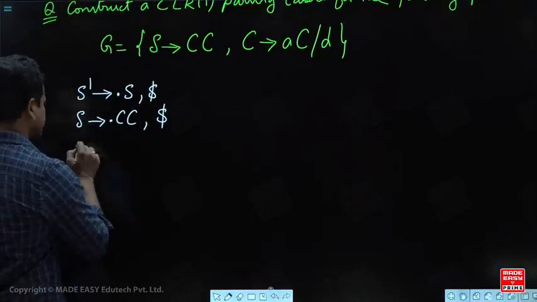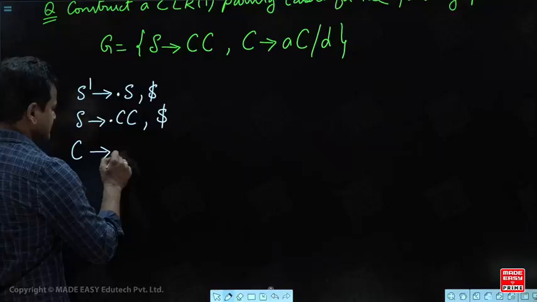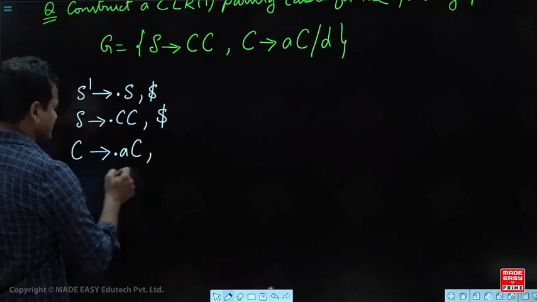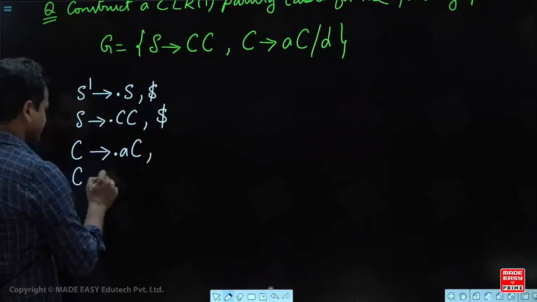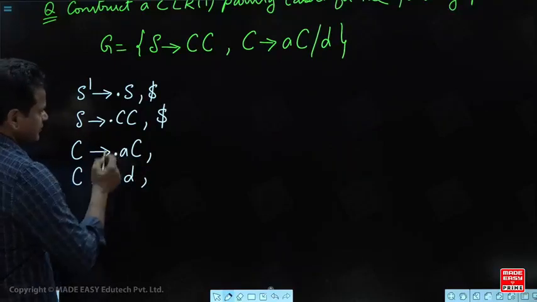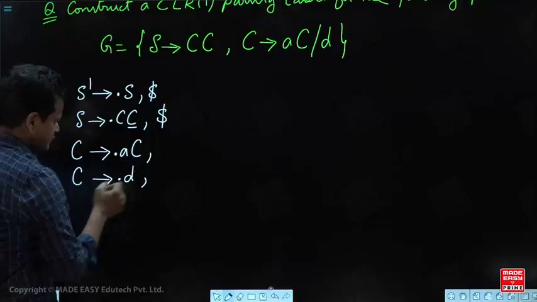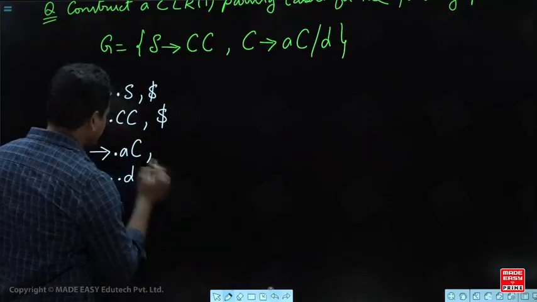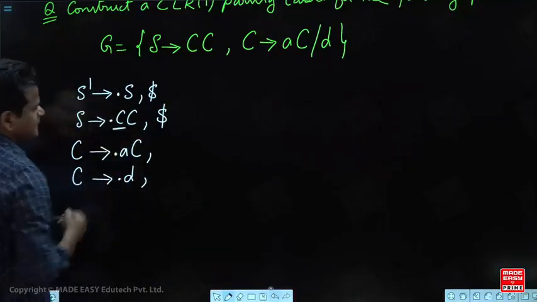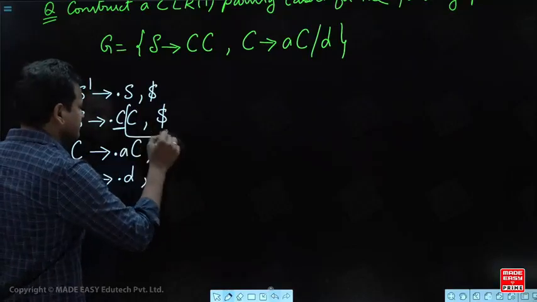Now dot after C, it is a non-terminal, so add every production of C. C has two productions, one is AC and the other one is D. Add the two productions. Now after C, what is the symbol here?